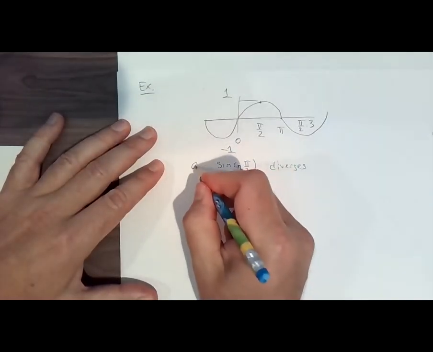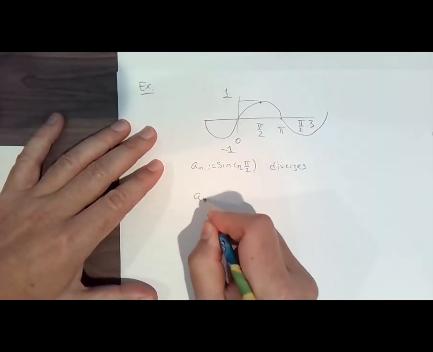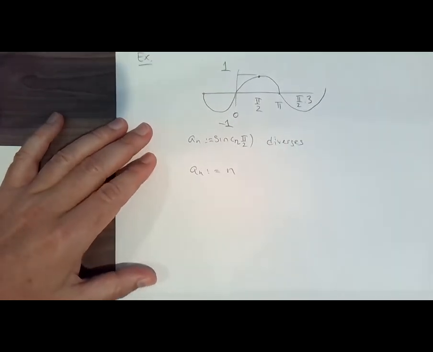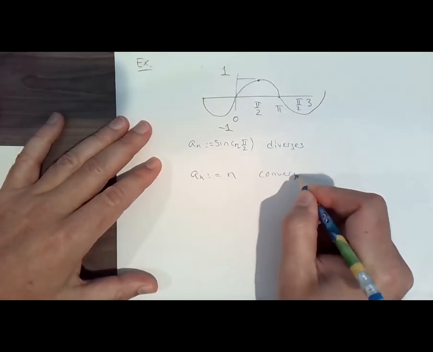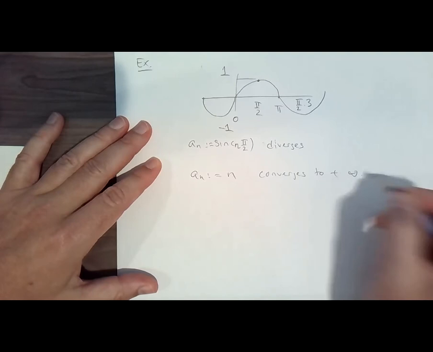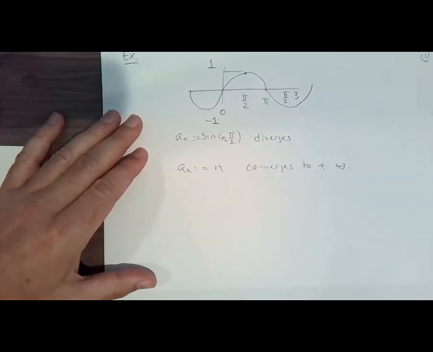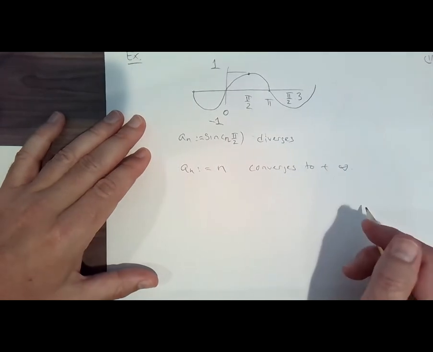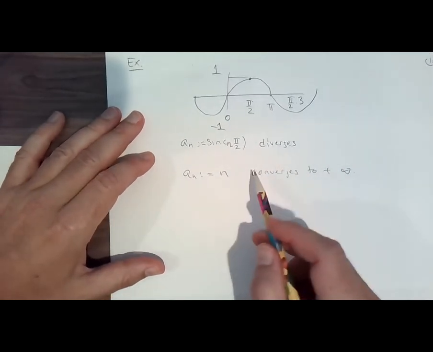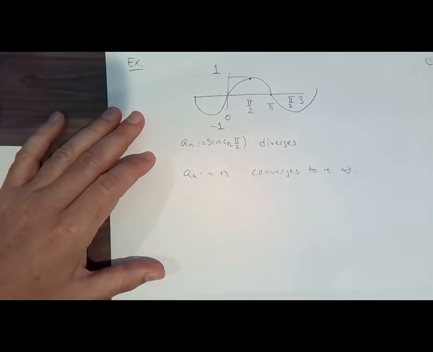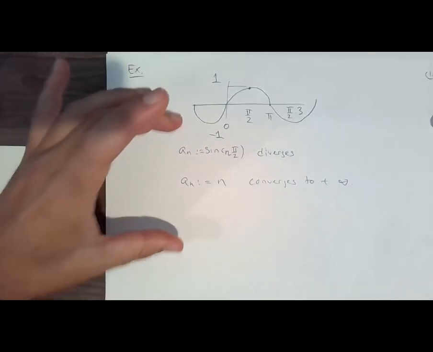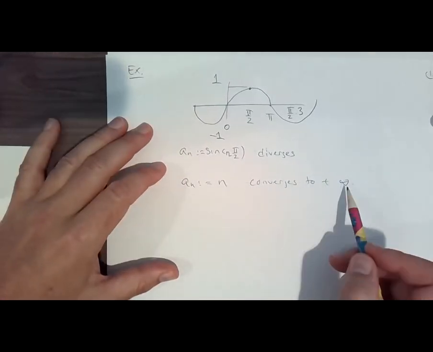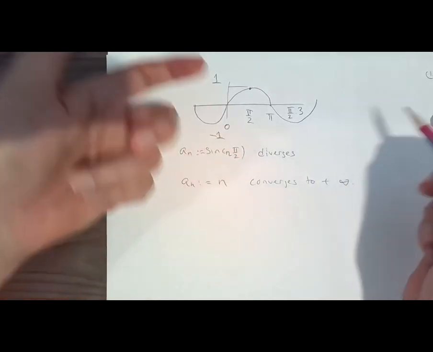But in my world, I am also happy to say that this converges, but I'll always say that it converges to plus infinity. If you don't like that, you can just say that it diverges to plus infinity. There's a difference between converging to something that is just a bit outside.